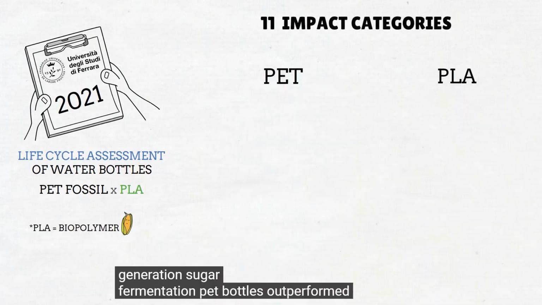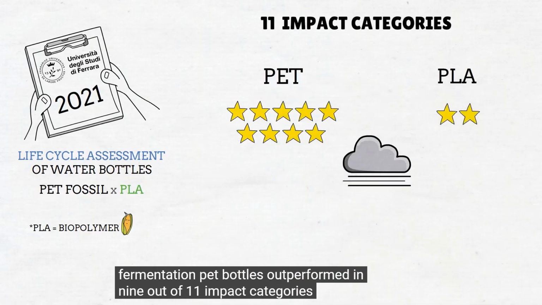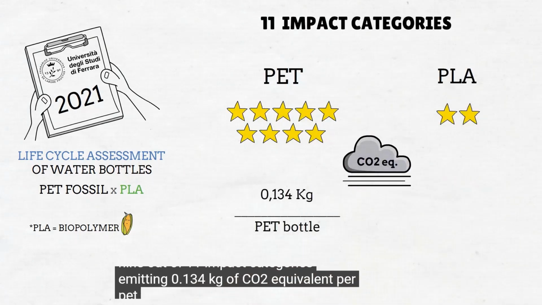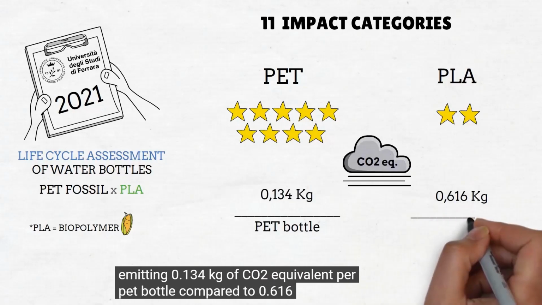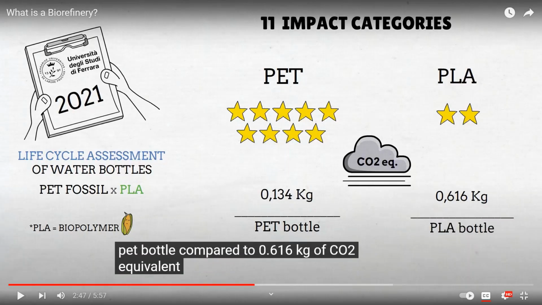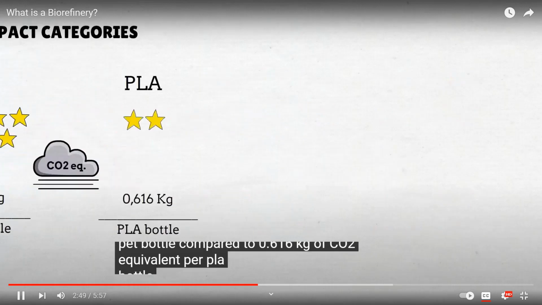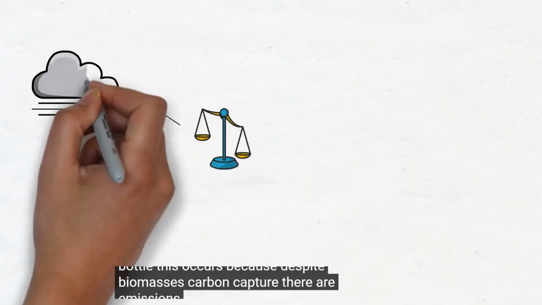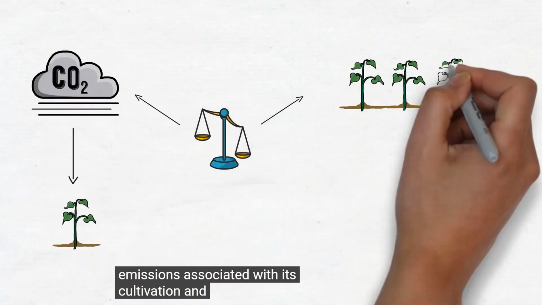PET bottles outperformed in 9 out of 11 impact categories, emitting 0.134 kilograms of CO2 equivalent per PET bottle compared to 0.616 kilograms of CO2 equivalent per PLA bottle. This occurs because, despite biomass's carbon capture, there are emissions associated with its cultivation and transformation.